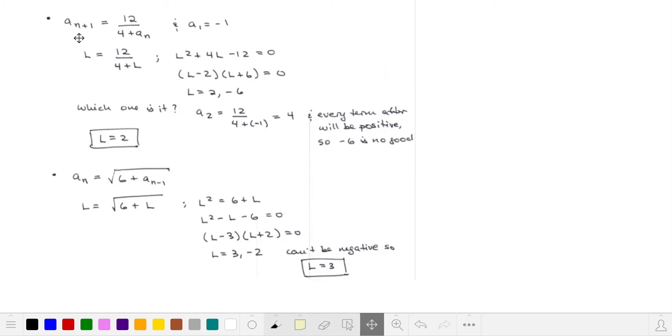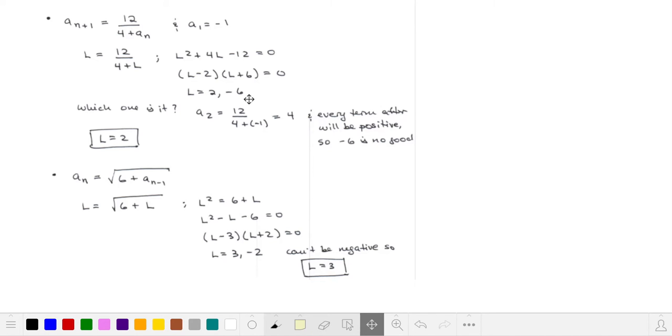I recognize that the limit of this is the same as the limit of this. So my equation becomes L equals 12 over 4 plus L. Now I have to solve this. If I multiply both sides of the equation by 4 plus L, I get this quadratic, and I can factor that out. And so those are my 2 roots. The limit can either be 2 or minus 6.